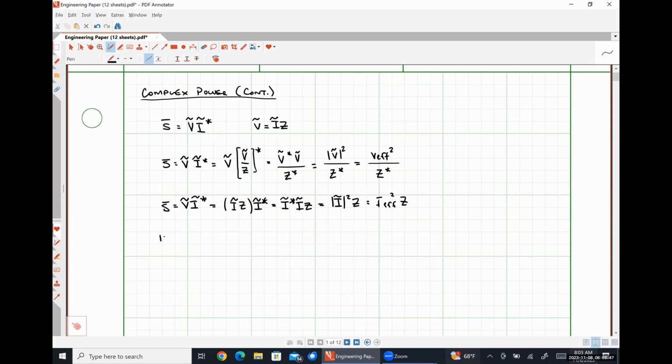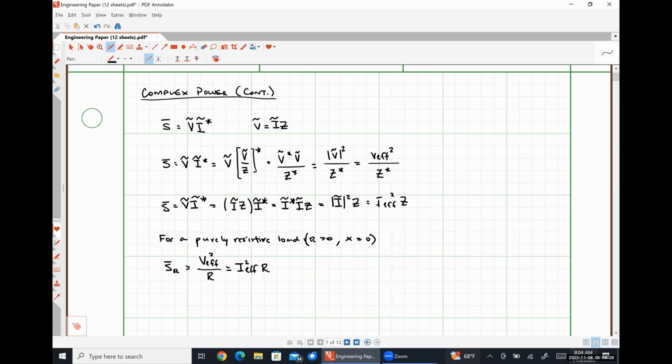So for a purely resistive load, where R is greater than 0 and X is equal to 0, the complex power absorbed by a resistor can be expressed as simply the effective value of the voltage squared divided by the resistance value, or the effective value of the current squared times the resistance value.